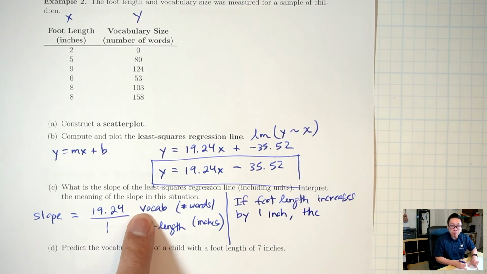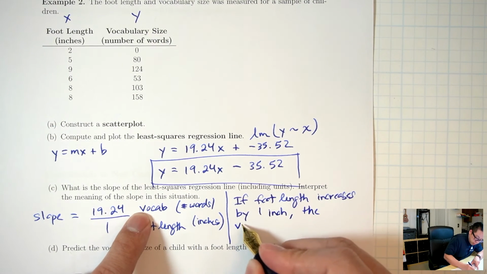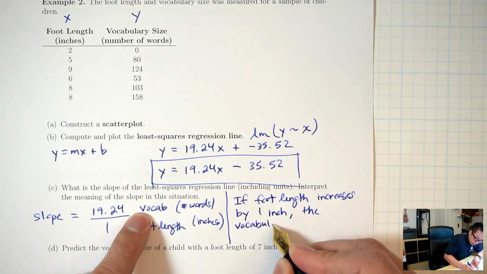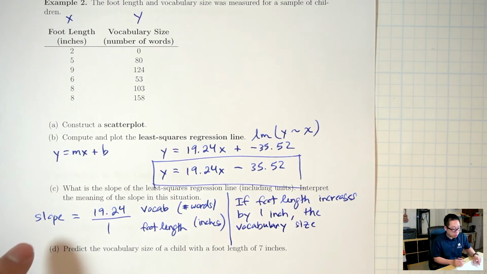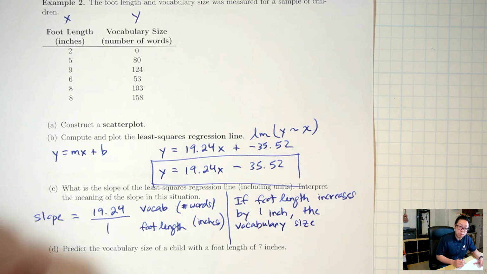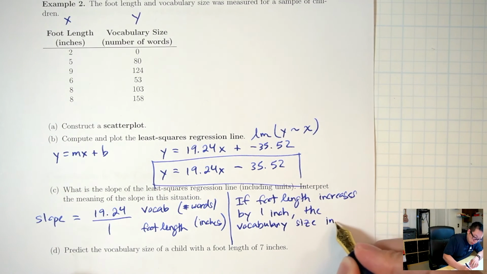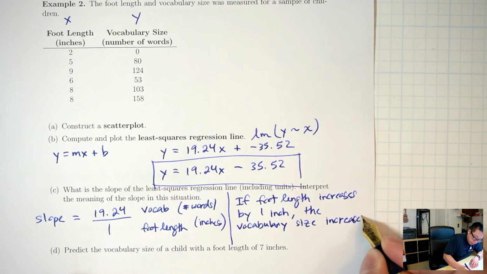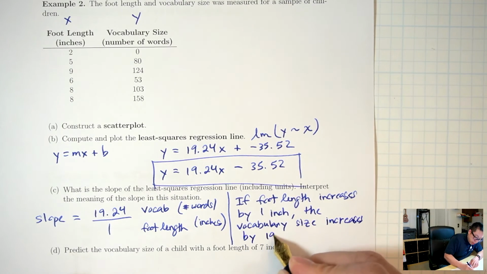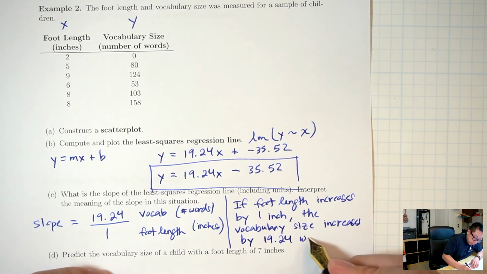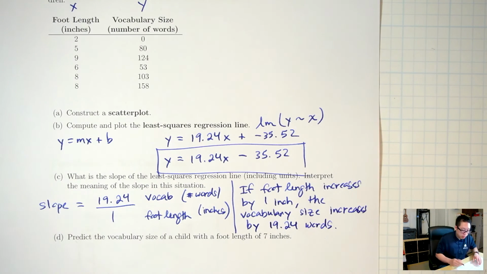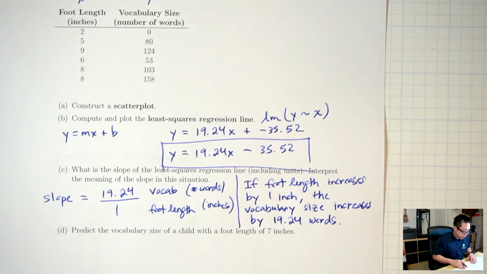The vocabulary size increases or decreases? This is a positive 19.24, so it increases by 19.24 words. If the foot length increases by 1 inch, the vocabulary size increases by 19.24 words.